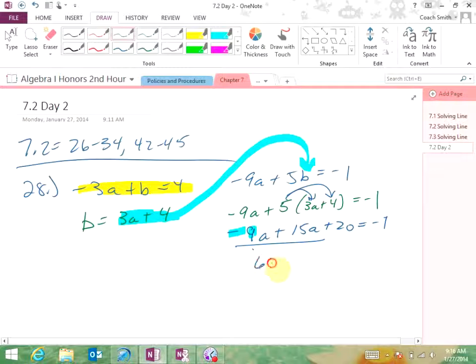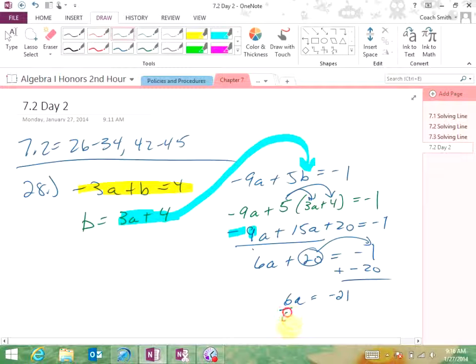That gives me 6a plus 20 equal negative 1. Obviously negative 9 plus a positive 15 gives me 6. So I'm going to take the 20 over to the other side, and it becomes negative 20, and I'm adding it. So it would be 6a is equal to negative 21.